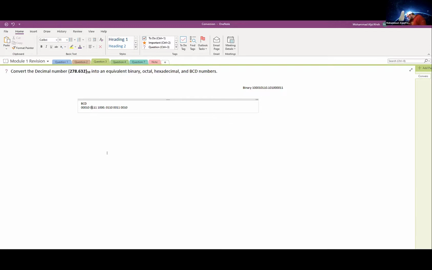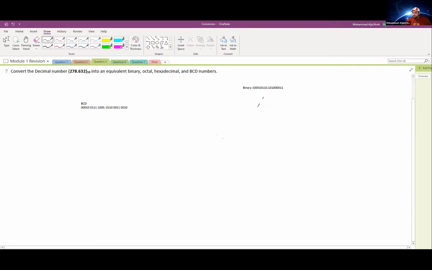Just give me a second. I'm going to use my graphical tablet to write. Now excuse my writing here. It's going to be bad because it's something similar to a mouse.